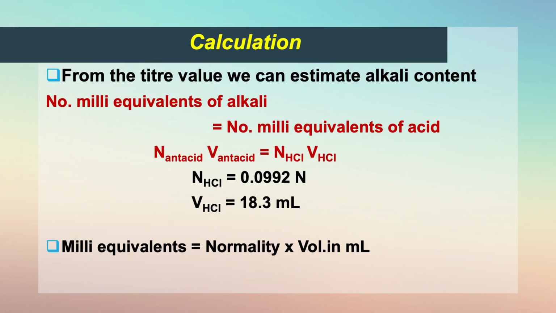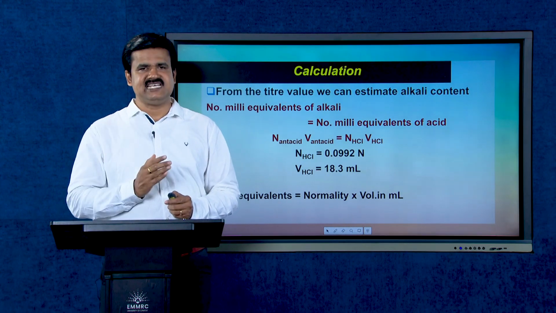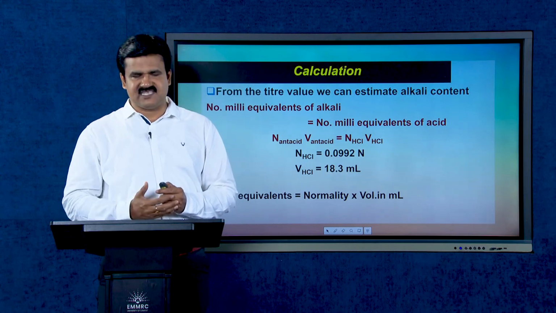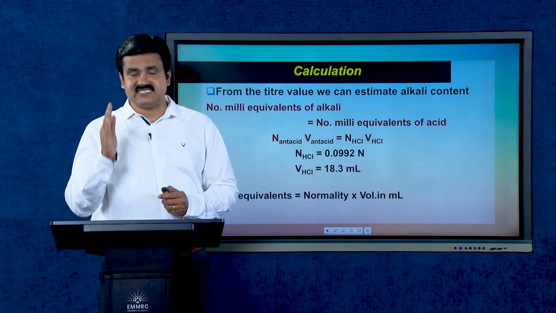N HCl, that is normality of standardized HCl, we got as 0.0992 normal. And we also got the volume of HCl from the concordant value as V HCl equal to 18.3 ml. So, the quantity normality of HCl multiplied with the volume of HCl is the number of milli-equivalents of HCl.